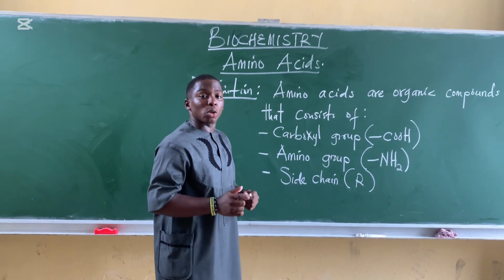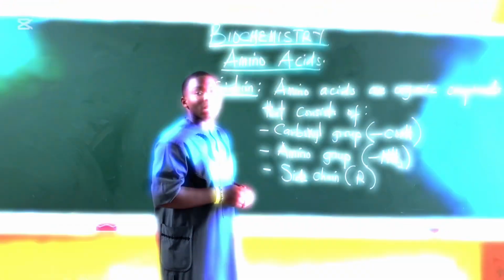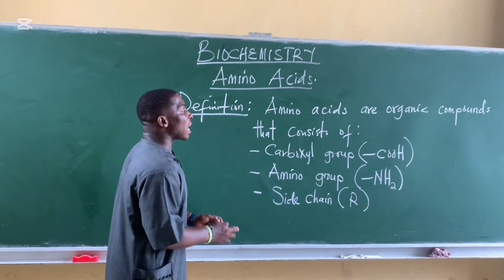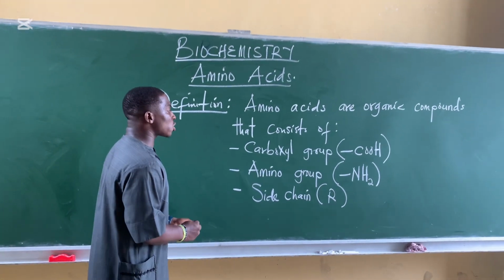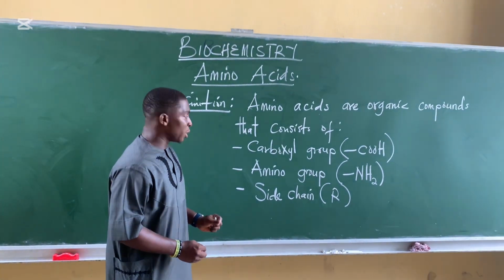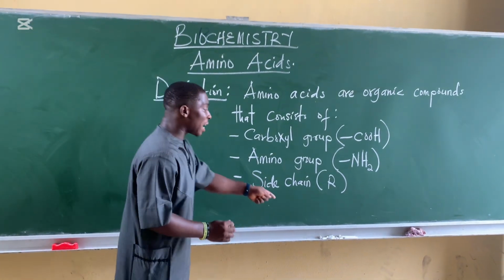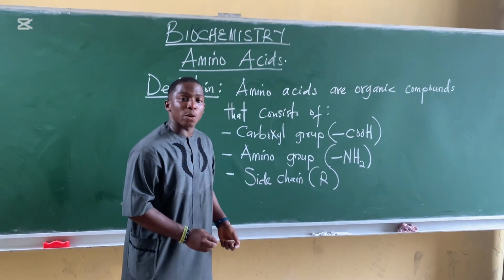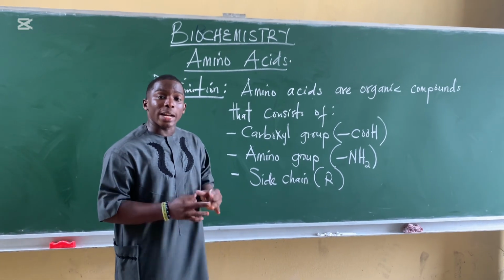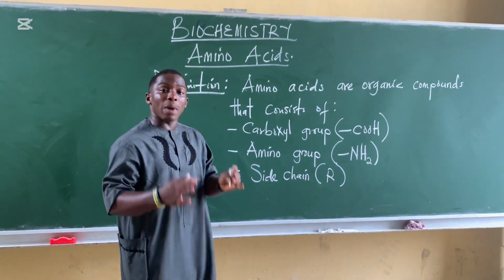We said an amino acid consists of a carboxyl group, an amino group, and a side chain, and the side chain is an alkyl group. Let's look at the general structure of an amino acid.